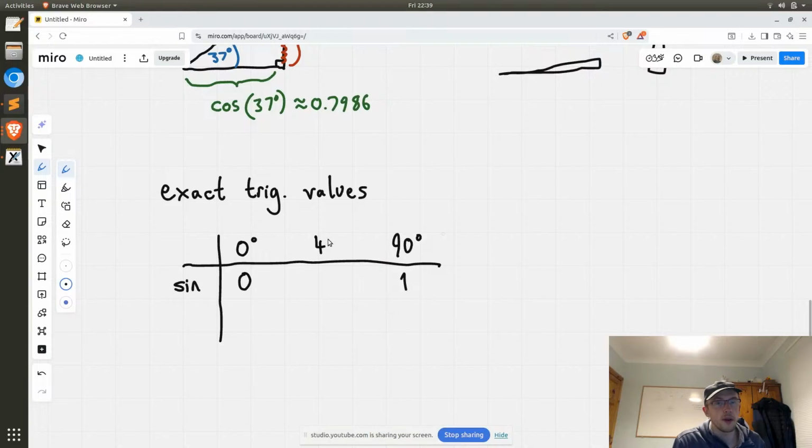What about 45 degrees? Surely that's special, right? Yeah, it is. And you can actually work that out yourself. You don't even need your calculator. So I'm going to draw that unit right angle triangle. There it is. The focus angle is 45 degrees, and therefore so is this one.